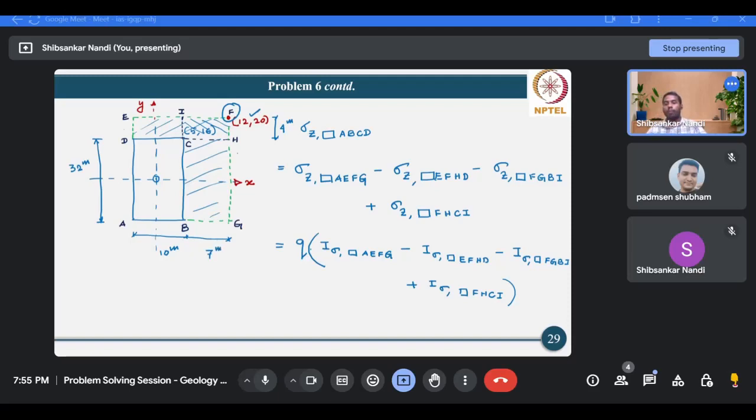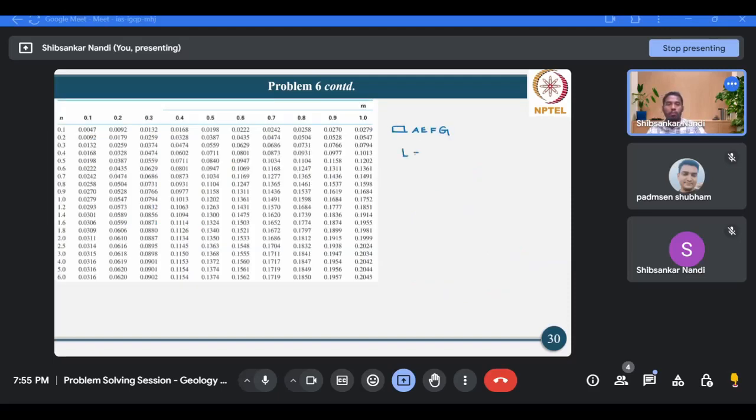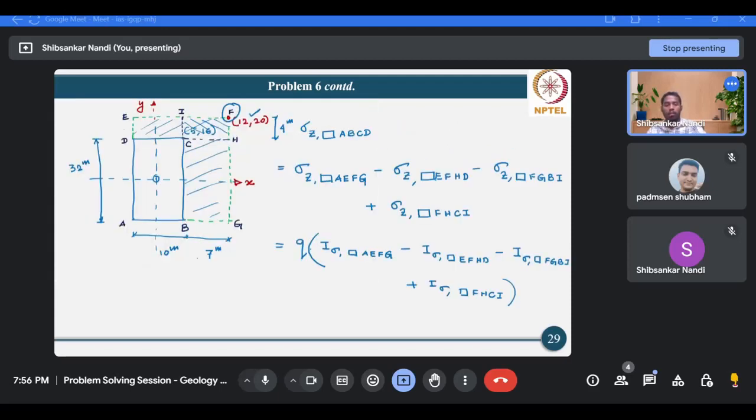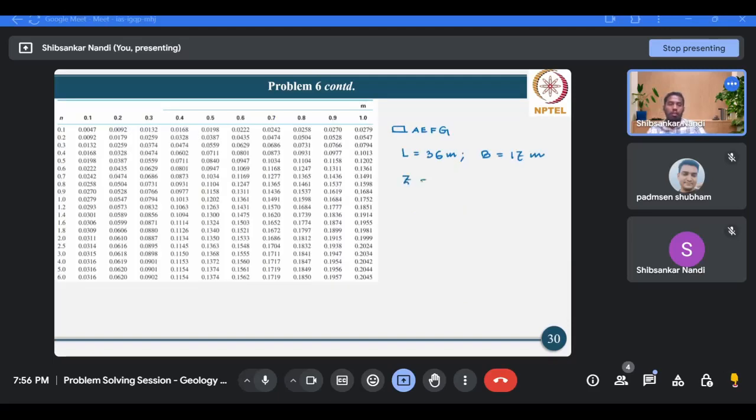Now what is the length? The length will be 32 plus 4, which is 36, and B is 10 plus 7, which is 17, and Z is 25 meters. M will be B upon Z, 17 by 25, and N will be L upon Z, 36 by 25.